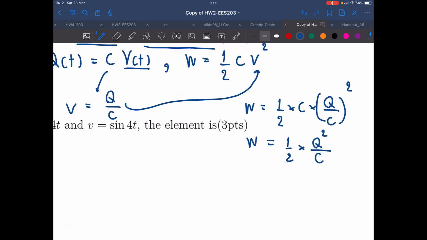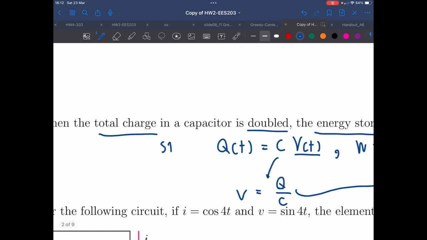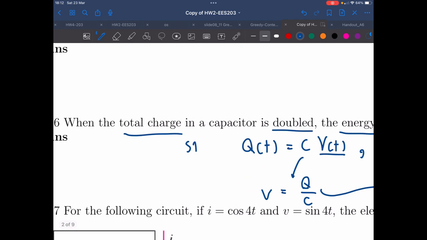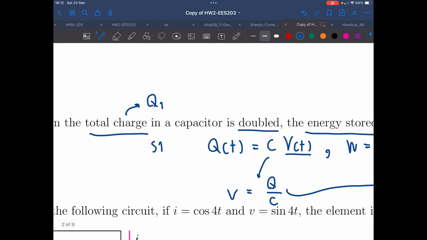Now that we have the first equation, what we are going to do next is, from the total charge, which we will represent as Q1, if it is doubled, we define Q2 equals 2 times Q1.